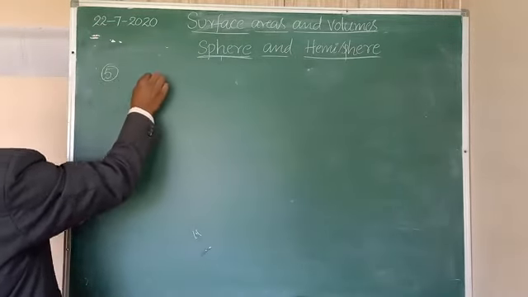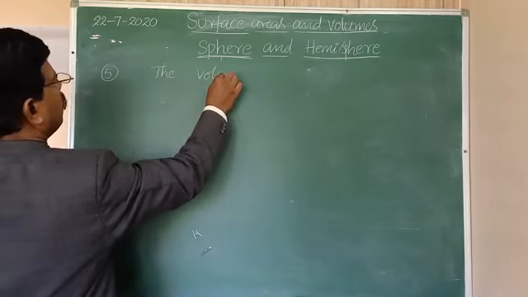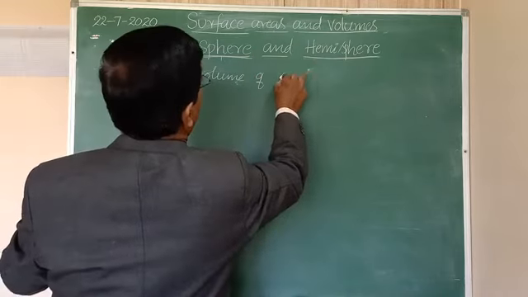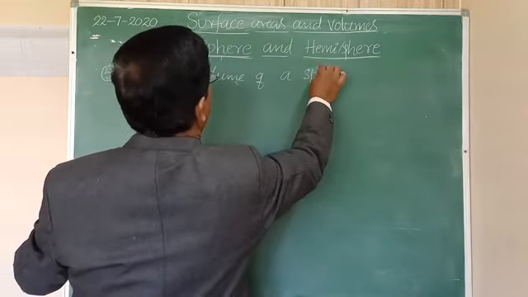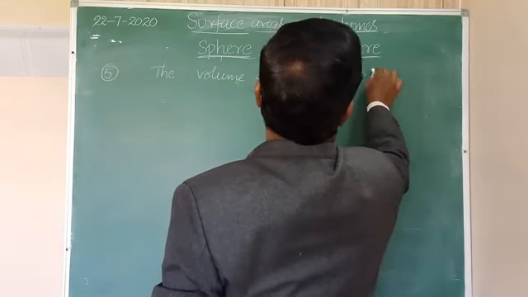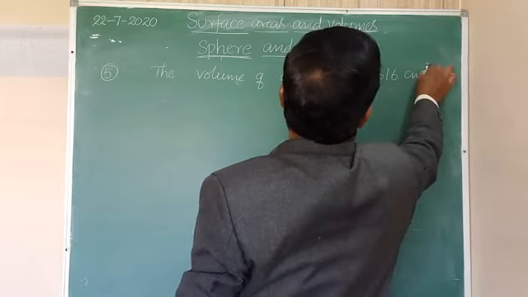The volume of a sphere is 616 cubic centimeter.